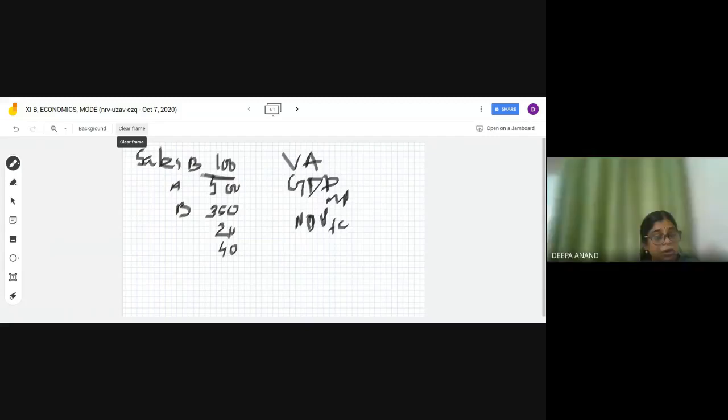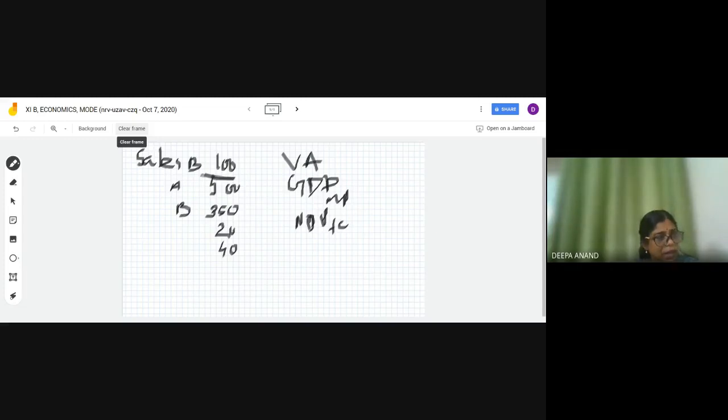Is it to be added, ma'am? No, it is not to be added. Please keep in mind, these are the assumptions. Just put a cross, because we assume that sales by firm A is given in the second point.